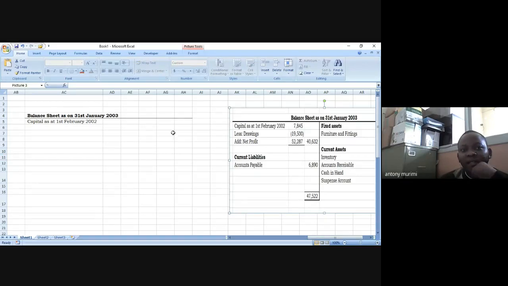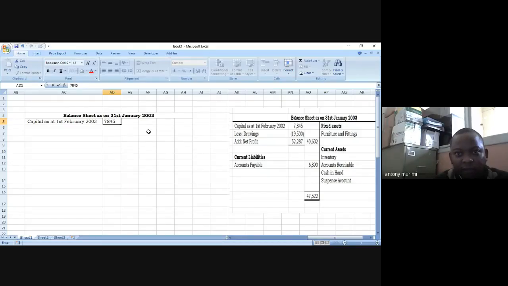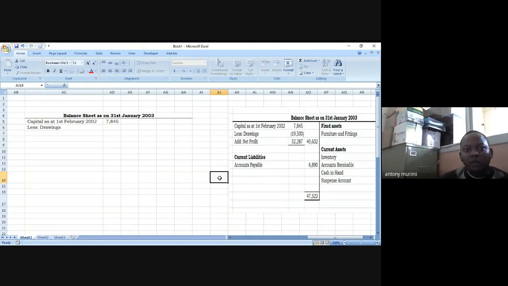As per the question, as per the errors, nothing affected the 40,78,45, and less drawings. Drawings also did not change, so there are no errors to do with drawings. So it still remains 19,500.